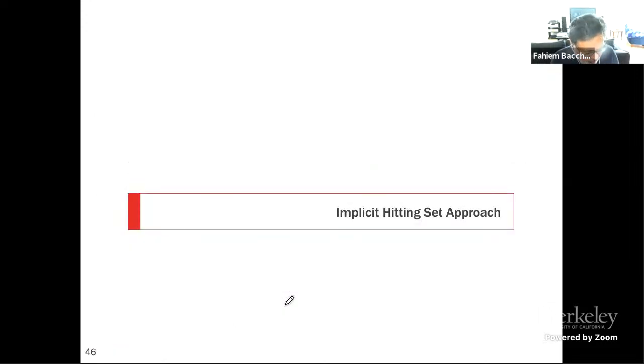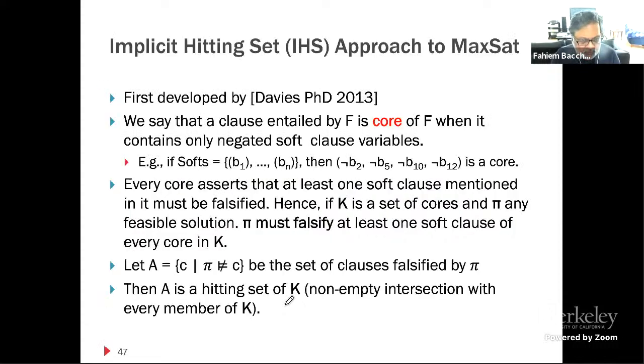Now, an alternate approach, one that's come out of my research and my students' research and has also been picked up by others, is an implicit hitting set approach, which uses a sequence of SAT solves that are quite different from the core-based approaches. This work originated in the PhD thesis of Davies in 2013. And the idea is very simple.